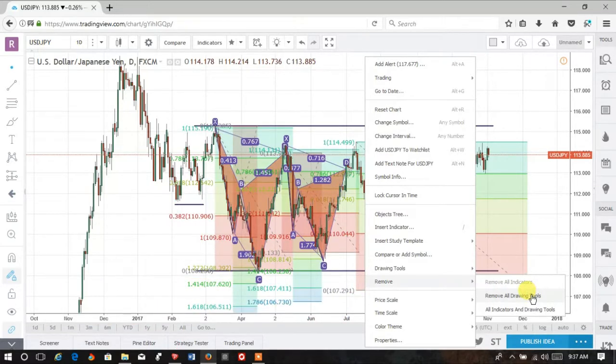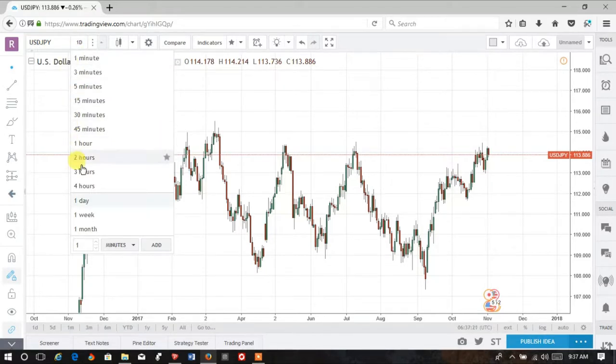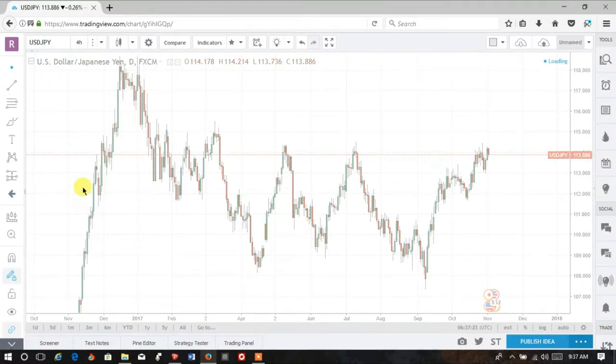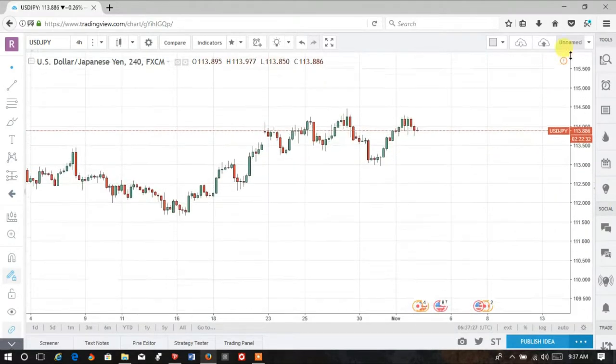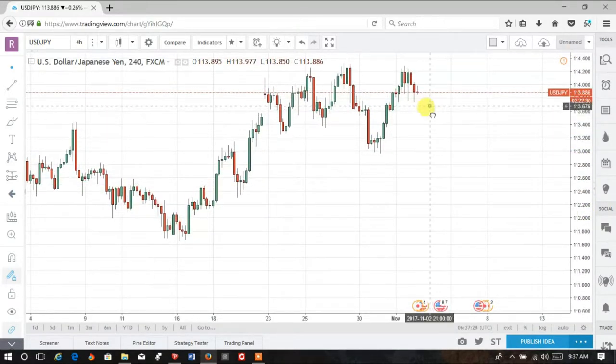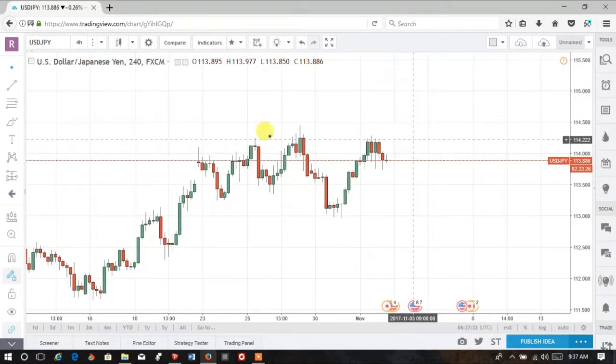Let me remove the tools here for you. Now, when we go back to our trading time frame, the 4-hour time frame, at this zone we have another advanced pattern trading opportunity.